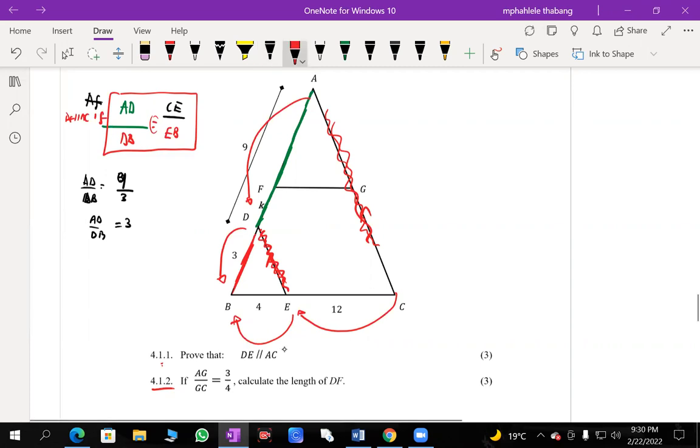Then CE over EB. If the lines are parallel, then CE over EB should be equal. CE is 12, BE is 4. How much is CE over EB?